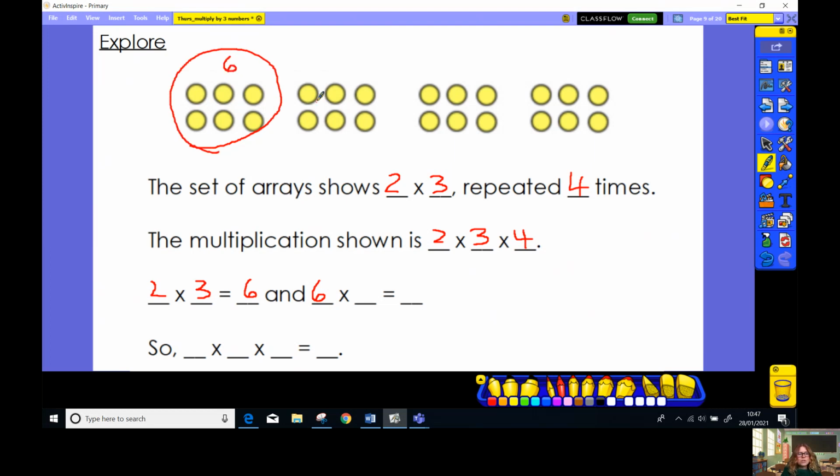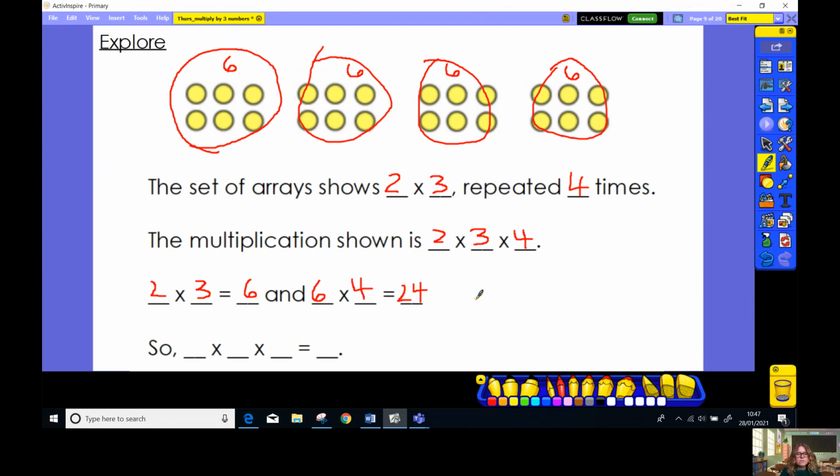And there are 1, 2, 3, 4 equal groups of 6. So I'm going to write number 4 there because I'm going to be timesing that 6 by 4. I know that 6 multiplied by 4 using my times table knowledge is 24.